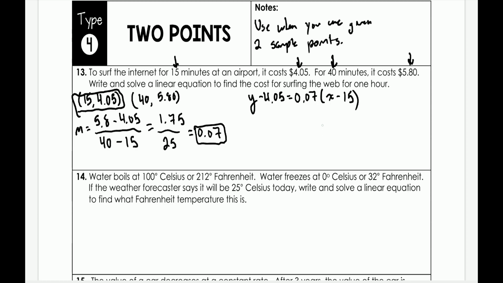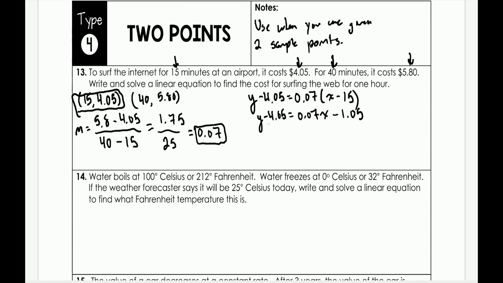Let's distribute the 0.07. 0.07 multiplied by negative 15 is going to be negative 1.05. We're left with y minus 4.05.